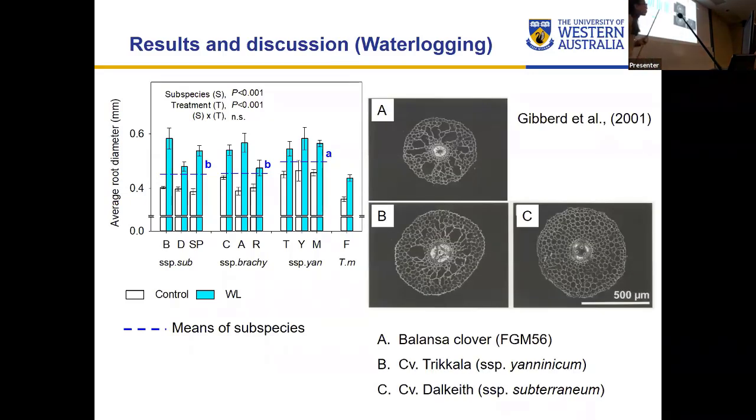This picture is from Gibberd et al. 2001, showing the increased root porosity after 35 days of waterlogging in balansa clover, in subspecies Yanninicum, and in subspecies Subterraneum. Root porosity is the gas-filled volume. In other words, it is the percentage of gas space per unit tissue volume that provides oxygen movement into the roots.